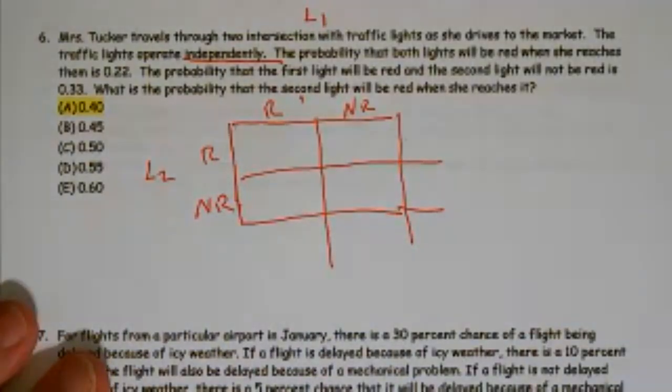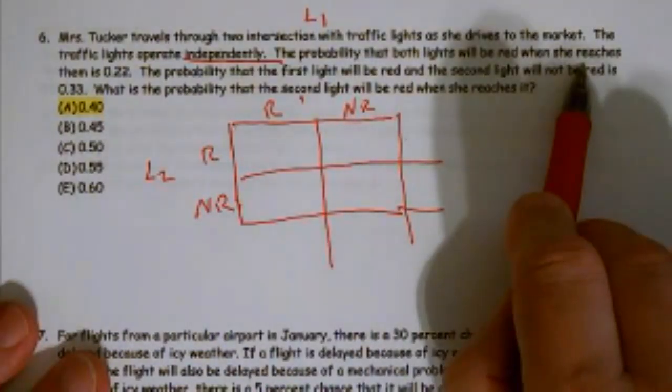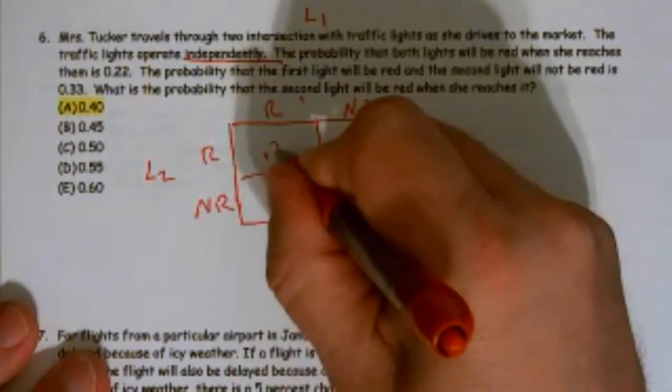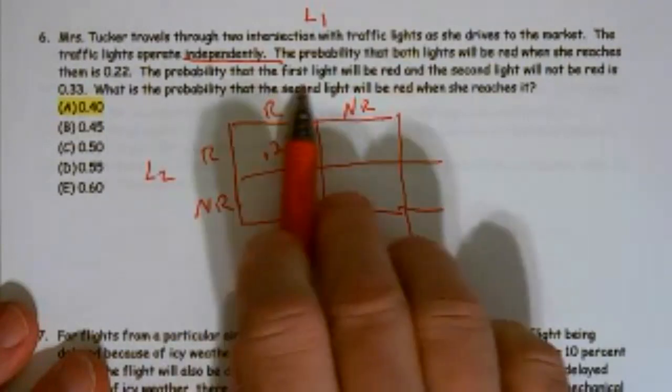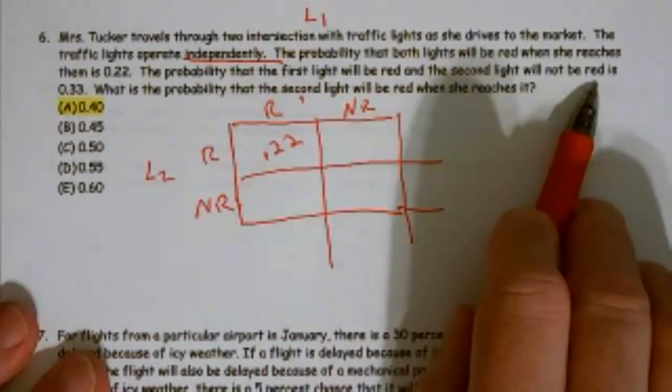All right, so the probability that both lights will be red when she reaches them is 0.22. Well, that's red and that's red, so that's 0.22. That's easy. The probability the first light will be red and the second light will not be red is 0.33.